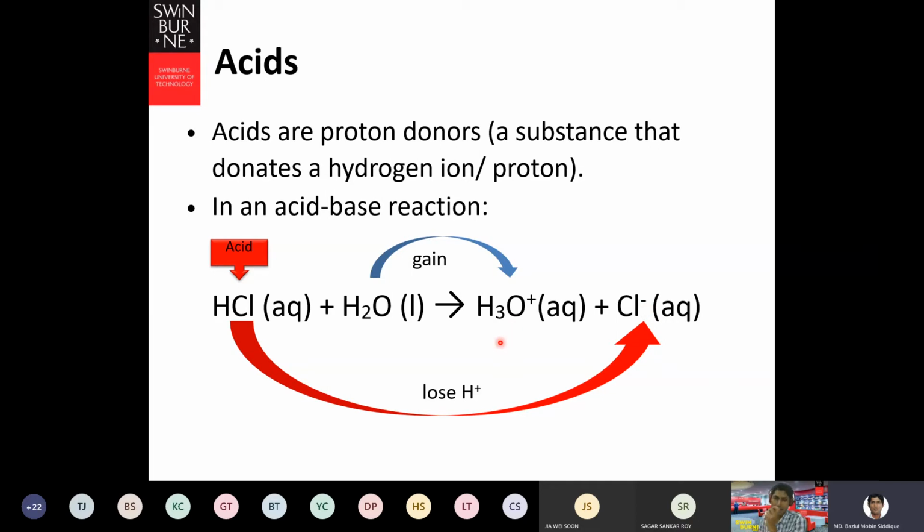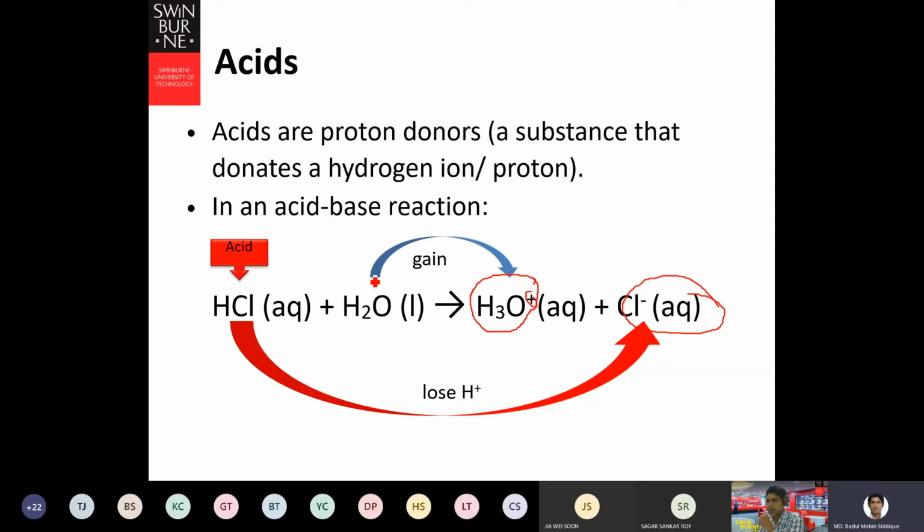So this chloride is called a conjugate base of that acid, okay? And this one, however, can donate one, because it has 3 hydrogens, and because of these 3 hydrogens, it becomes positively charged.